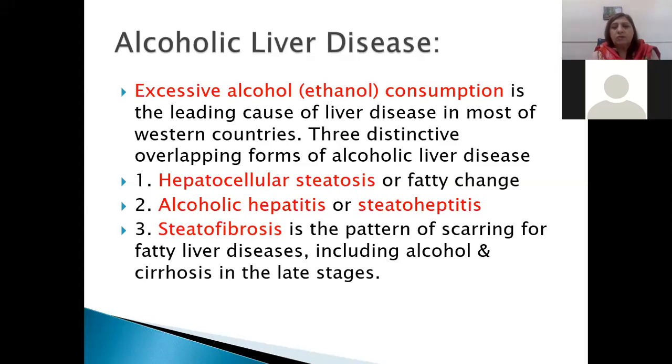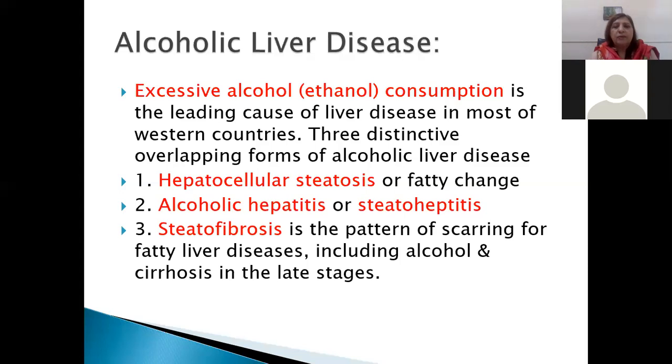So hepatocellular steatosis means fatty change in the liver cells, the hepatocytes. Alcoholic hepatitis or steatohepatitis means that alcohol-induced fatty change is giving rise to a form of hepatitis which is called alcoholic hepatitis or steatohepatitis. And number three is steatofibrosis.